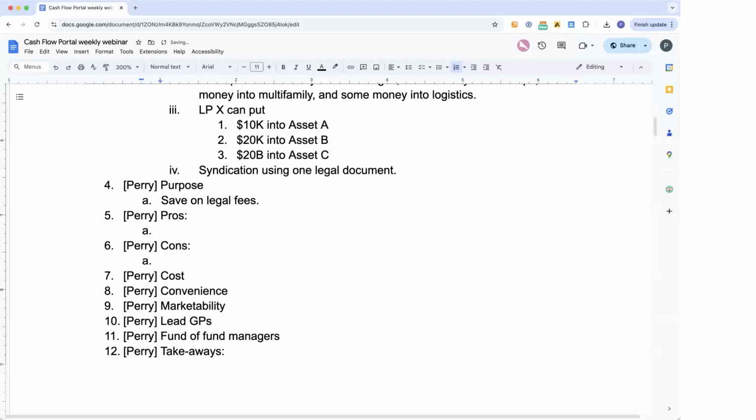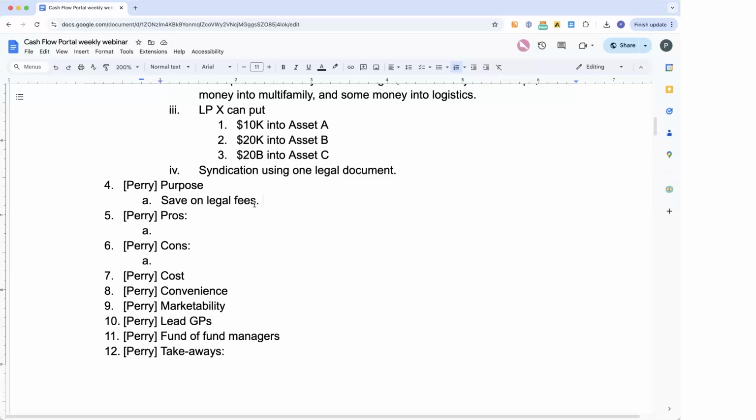Okay. I'm not an attorney, by the way, so I'm not going to speak on some of the legal concerns of customizable funds. I am more speaking as a business owner on whether you should use customizable funds from the point of view of cost, convenience, marketability, and logistics. And whether this is a good idea. As a cash portal, as a vendor, we have about half a dozen customers that do customizable funds, including some of the larger customers.